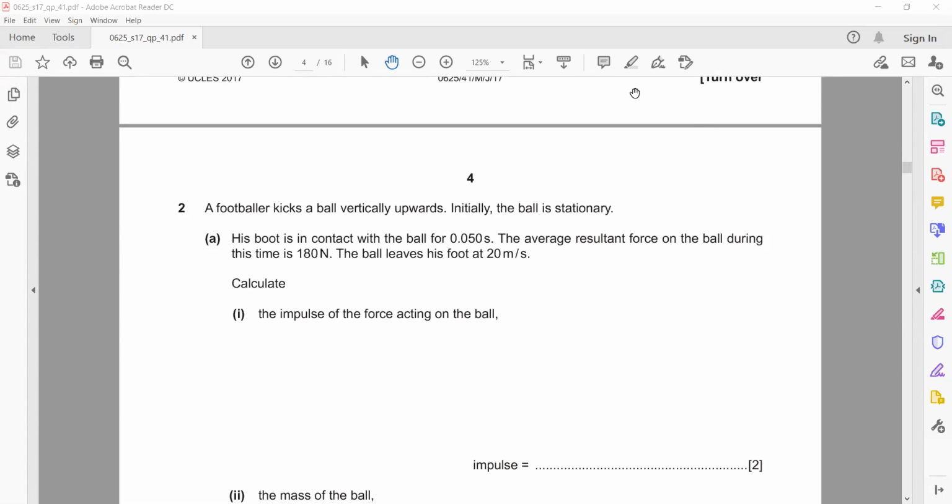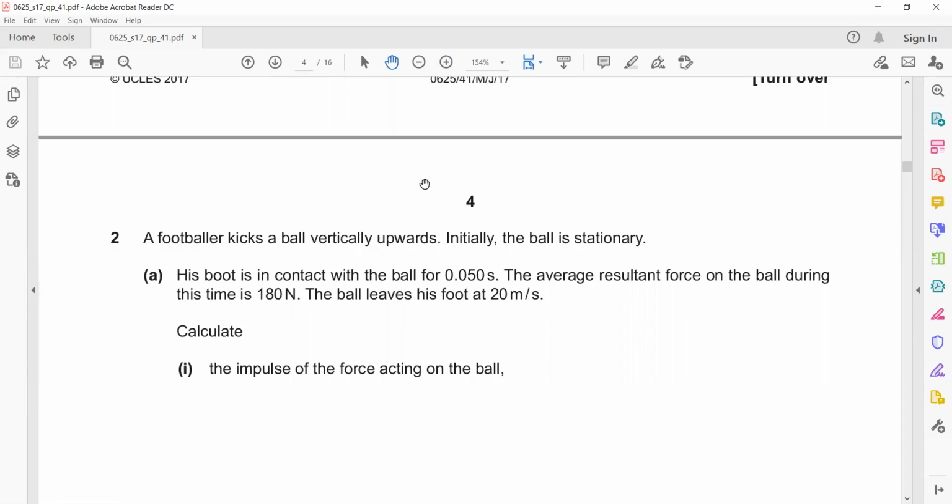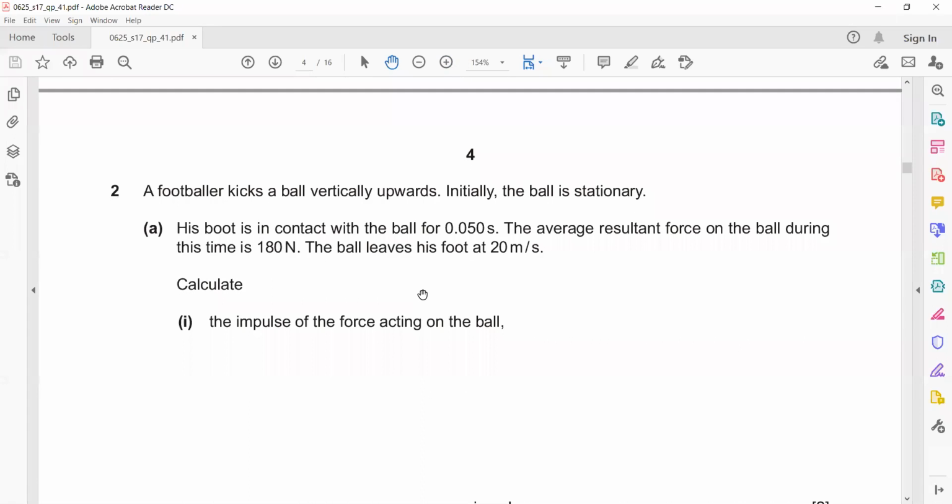Any doubt in question 2? Is there any doubt in question 2?